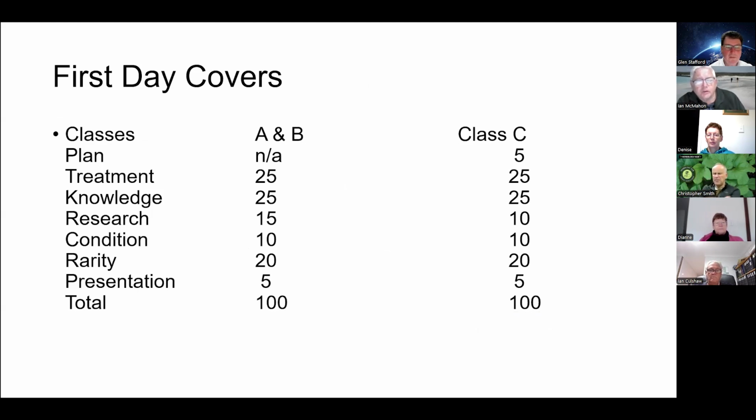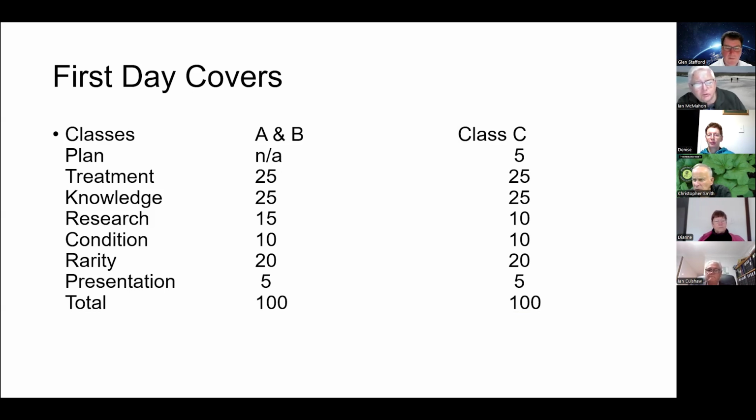Here's the point scheme. There's a slight difference between straight first day covers and souvenir covers and the thematic type subclass. The thematic subclass has to have a plan, which is essentially similar to a thematic plan, whereas that's not the case with the other subclasses.